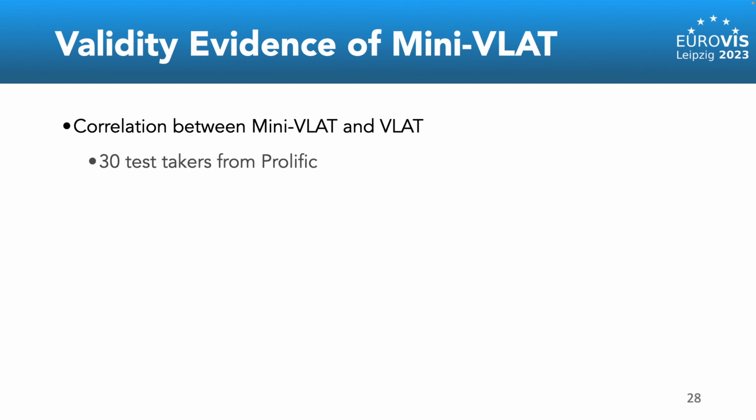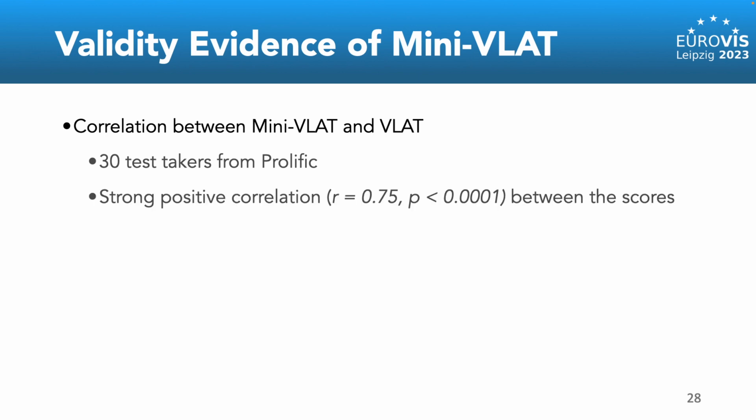For this, we computed the correlation between the scores on Mini-VLAT and VLAT, and for this we recruited a total of 30 test takers from Prolific and asked them to do both Mini-VLAT and VLAT in a randomized order. After analyzing the participant scores on Mini-VLAT and VLAT, we noticed a strong positive correlation between the scores, and this shows that Mini-VLAT is at least as valid as VLAT.